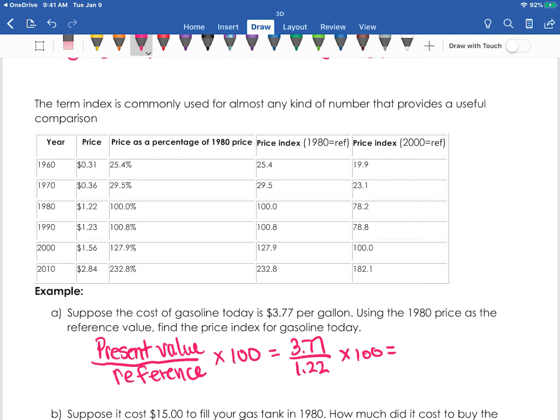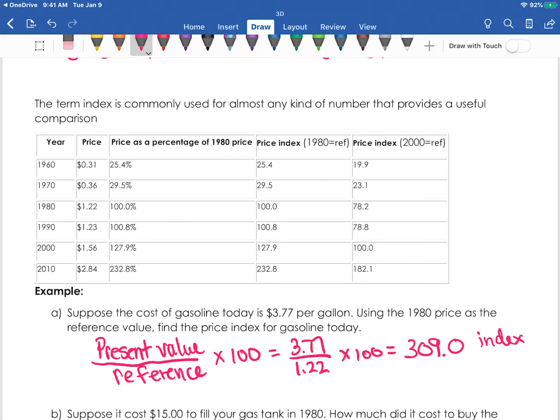When we do that, we get 309.0. This is our index number for the cost of gasoline today using 1980 as the reference.